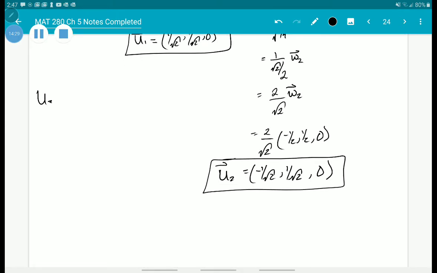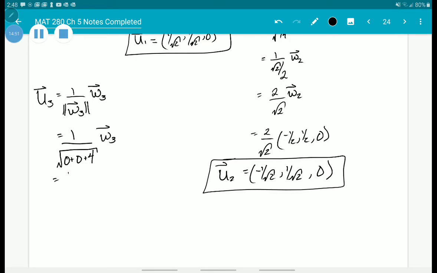And then U3, 1 over the magnitude of W3 times W3. The magnitude of W3 is the square root of 0 squared plus 0 squared plus 2 squared.